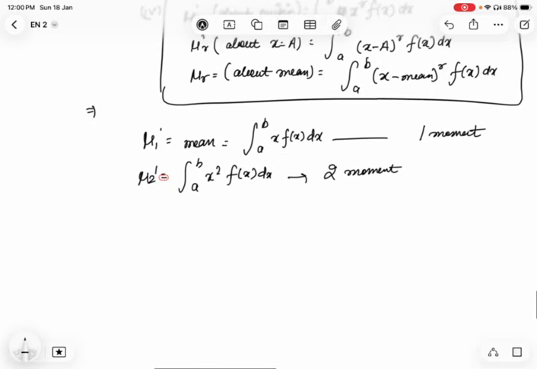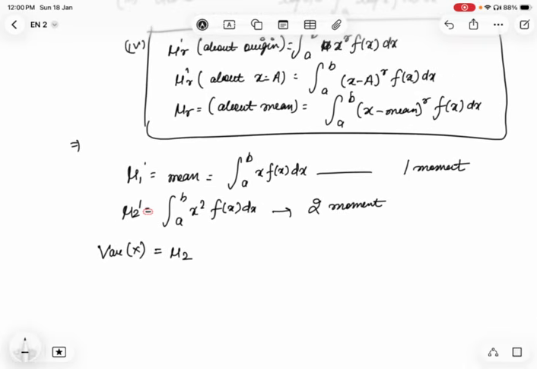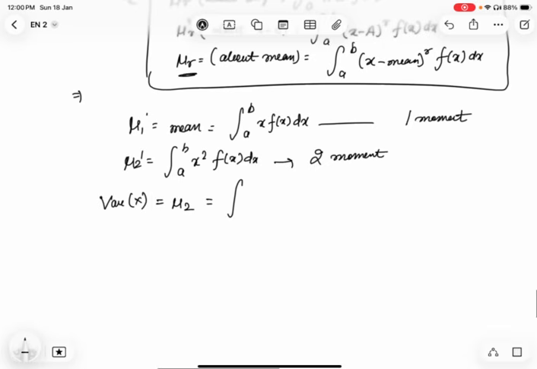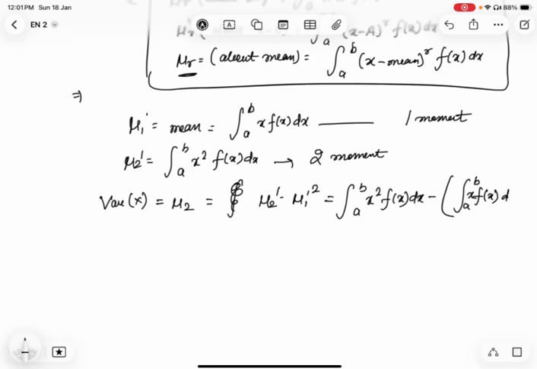Then from this we will calculate the variance. The variance of x is defined as mu2. Why mu2? Because mu2 is about the mean. So mu2 dash minus mu1 dash squared is equal to the integral from a to b of x squared f(x) dx minus the square of the integral from a to b of x f(x) dx. This is the variance. So this is the mean, this is the variance.